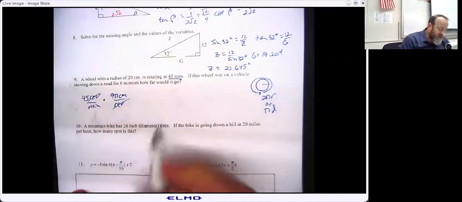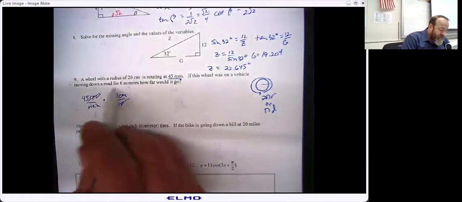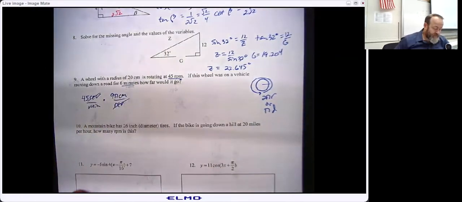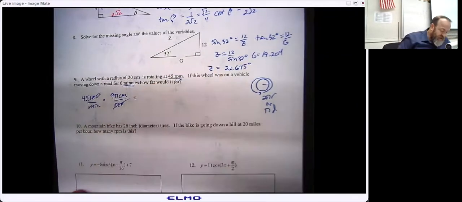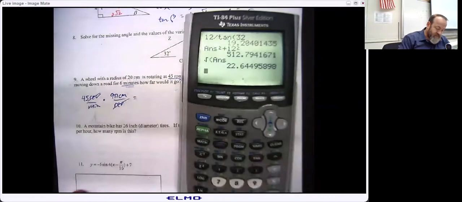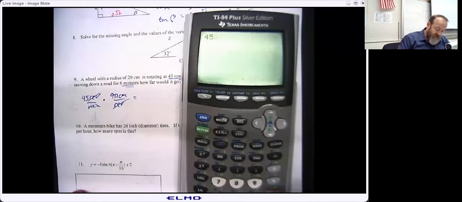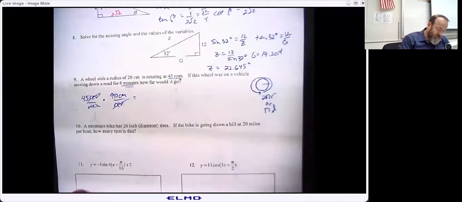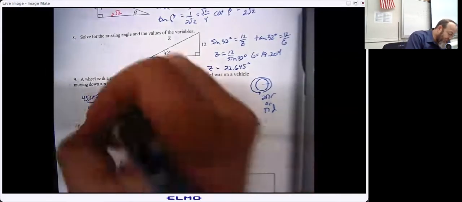Now, when you look at it, it says, how far did the vehicle go down the road in 6 minutes? So what I have is it's going to take this thing, let's see, 45 times 90 pi. Make sure I did that. That's 90 pi. That was silly.